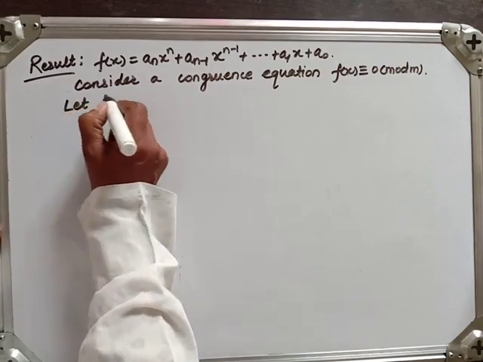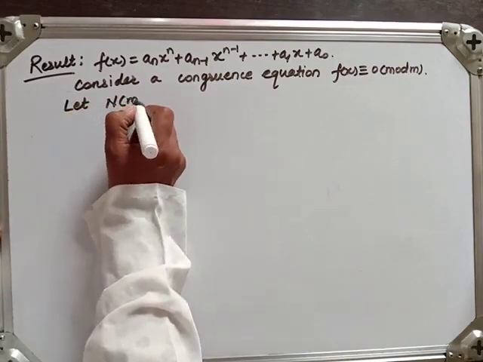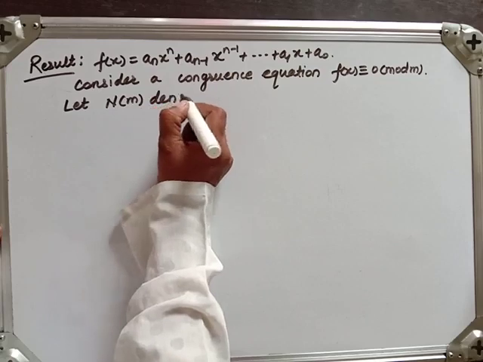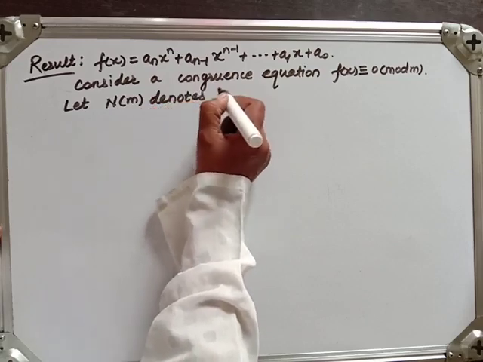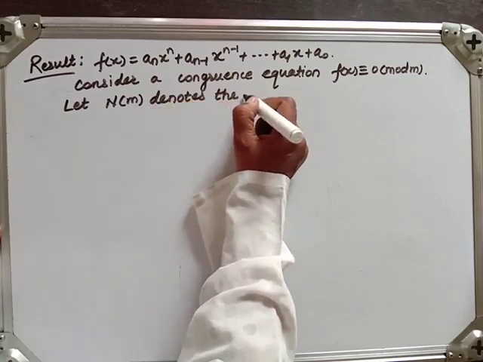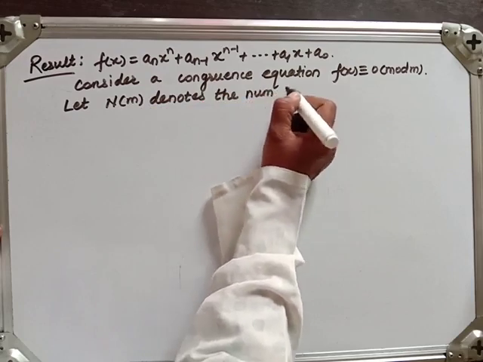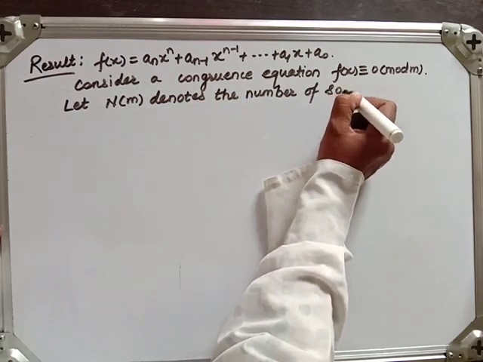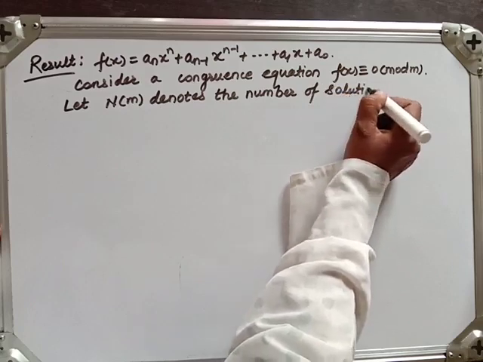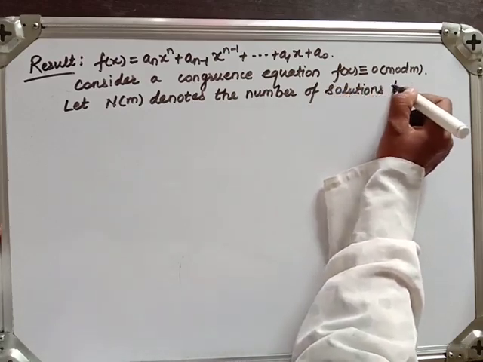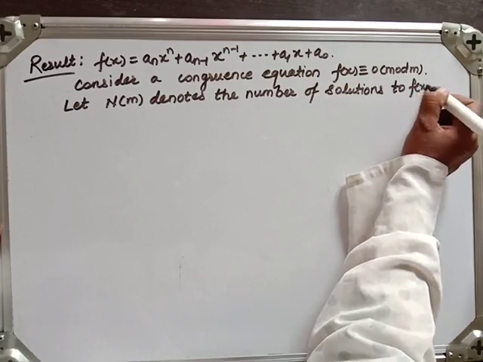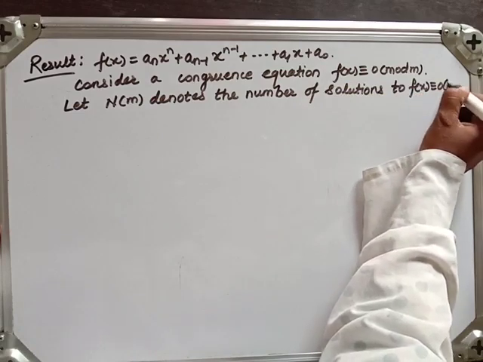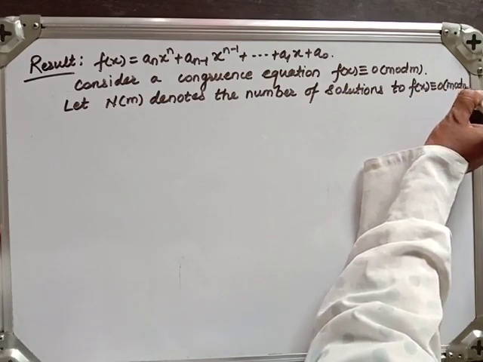Let n of m. What does it say? It denotes the number of solutions to f of x congruent to 0 modulo m.